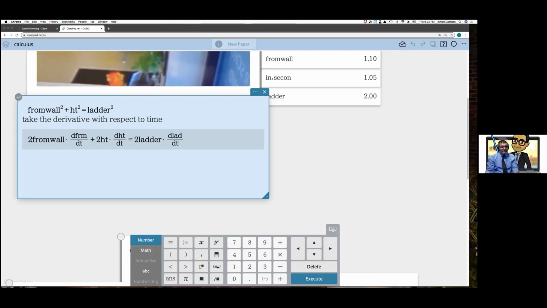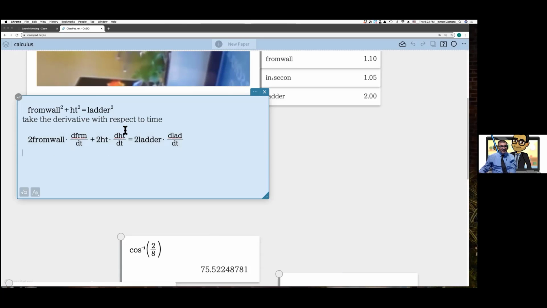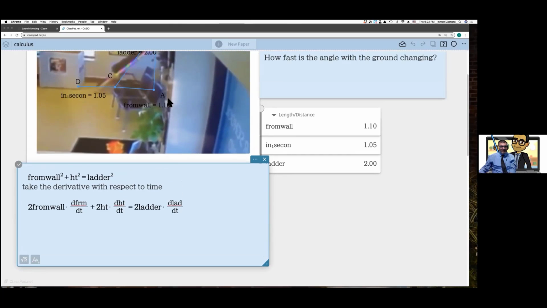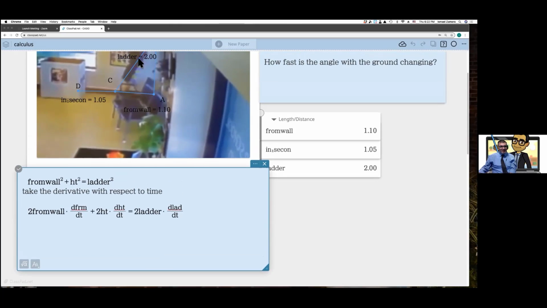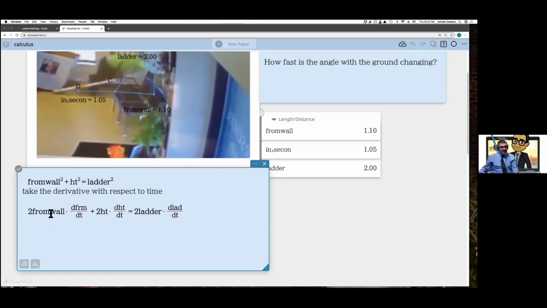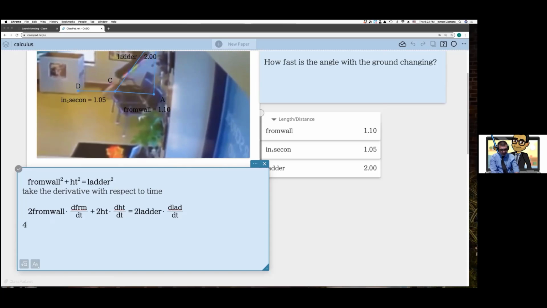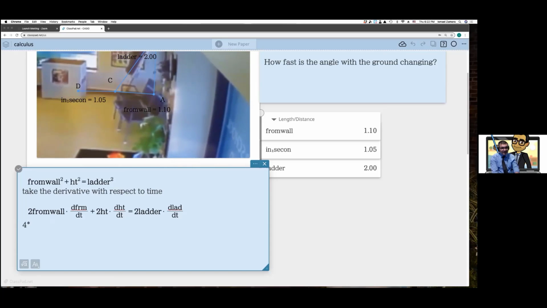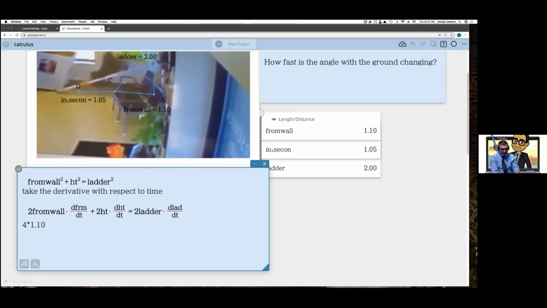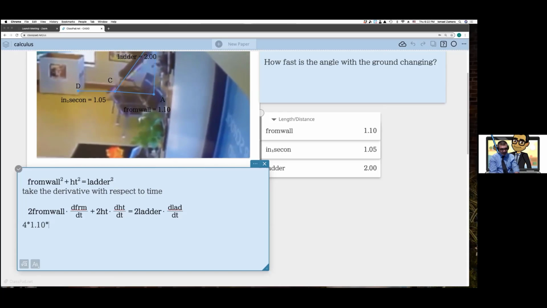Well, we know some things. We know the distance from the wall. The distance from the wall is 1.10, but if we keep in mind the ladder's 8 feet tall, you're multiplying by 4. So from the wall is 4 times 1.10. And then I'm going to multiply that by 2 because there's also a 2 in there.